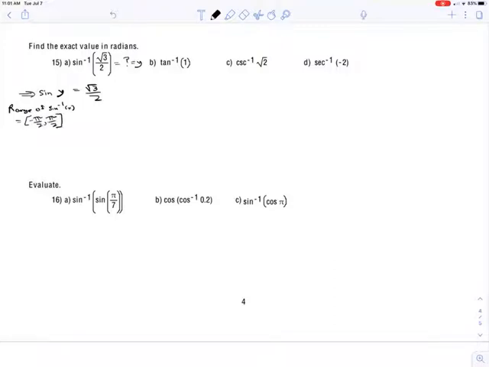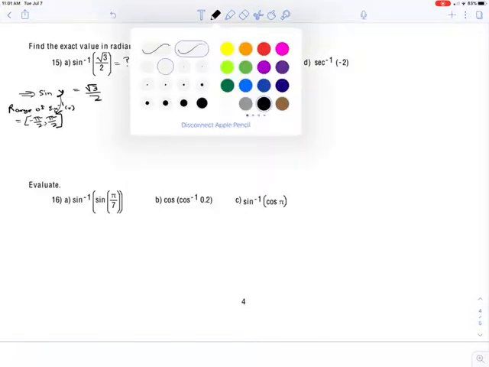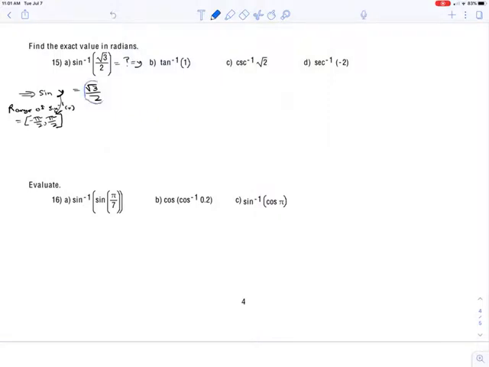All right, so again, y must be in that range. So again, this is what we're looking for, between negative pi over 2 and pi over 2. Now remember, sine is evaluated with what? Y coordinate. So we can use our unit circle approach. We don't need a calculator on this one. Hopefully you recognize it as one of our special angles. All right, when is our y coordinate square root of 3 over 2 between negative pi over 2 and pi over 2?